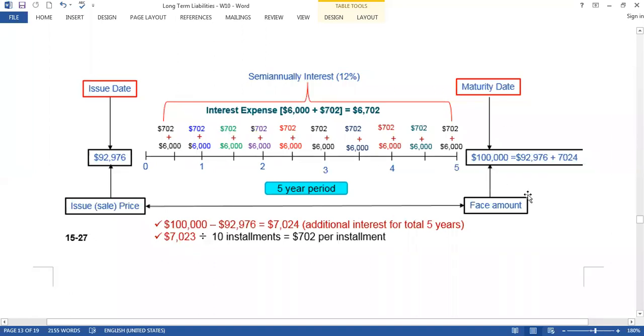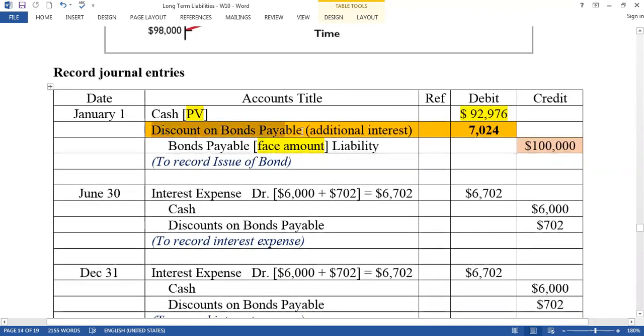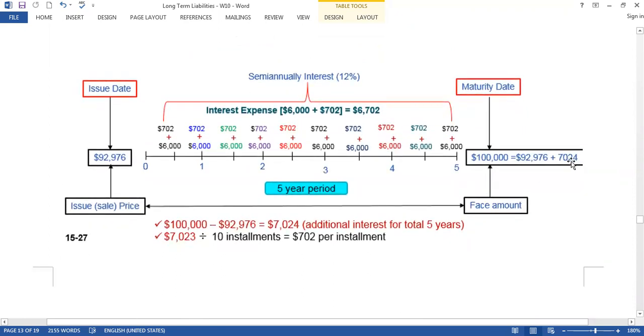If you do that, which account is increasing and which account is decreasing? First we record 7024 debit. Do you understand this? After that we have to follow the matching principle, which means we transfer this expense for every year.